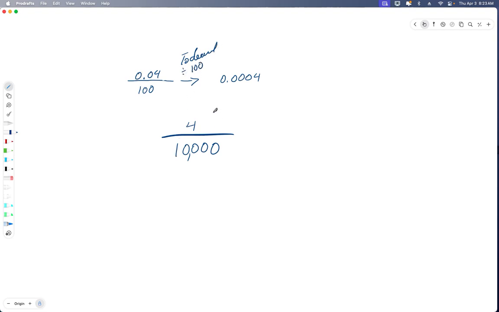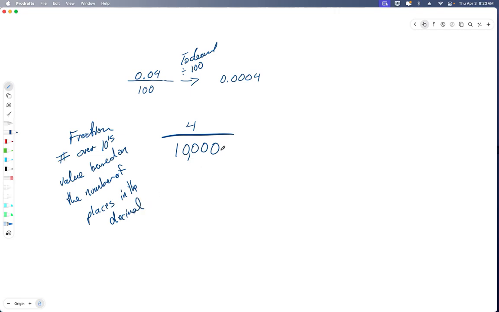And then to write the fraction, we put the number over the tens value based on the number of places in the decimal.